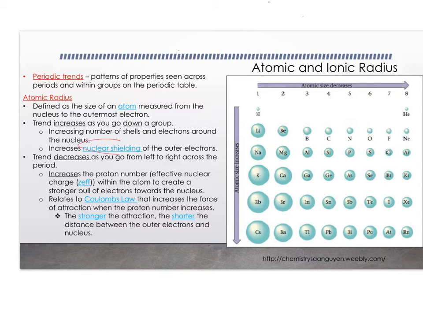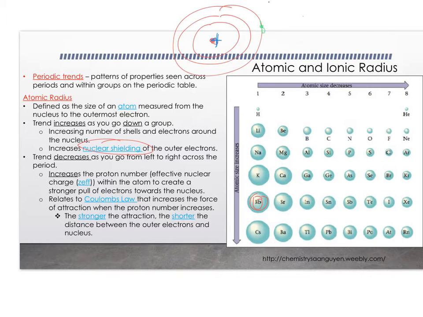This also increases something known as nuclear shielding. So as you add in shells around the nucleus, you're adding a ring full of 8 electrons. The more shells that you have, the more electrons you have, and that's going to separate greatly the positive charge of your nucleus from the outermost electron, and that's going to be important for something later on.